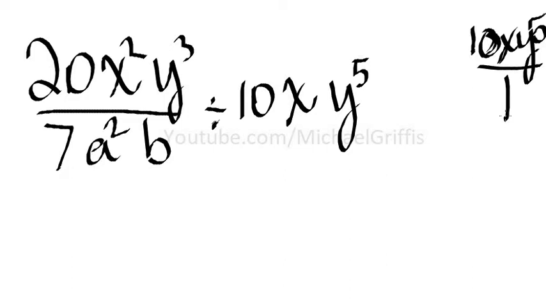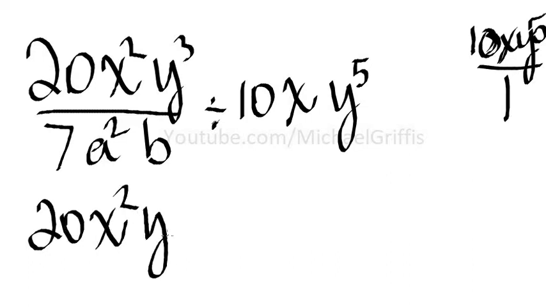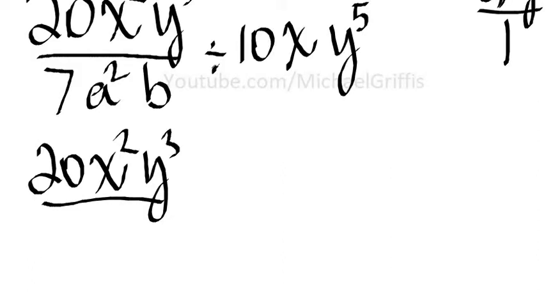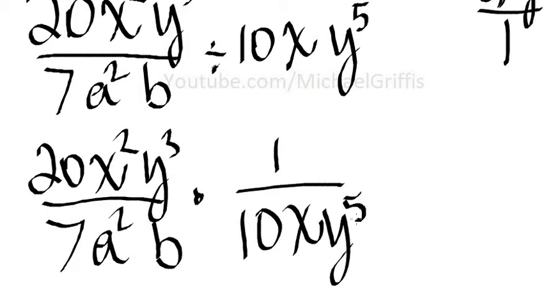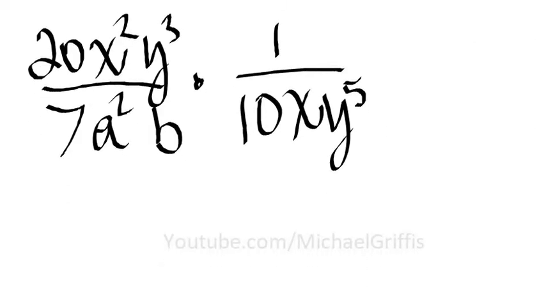Okay, we flip it, so I'm going to rewrite 20x squared y cubed over 7a squared b times, we change it to multiplication, 1 over 10xy to the fifth, and then we just simply multiply straight across.